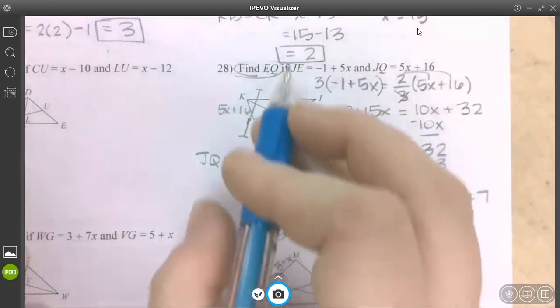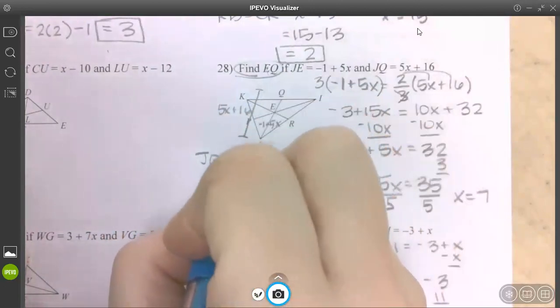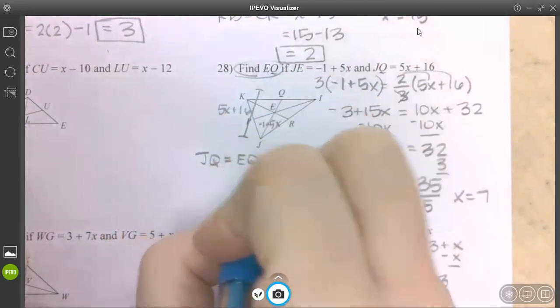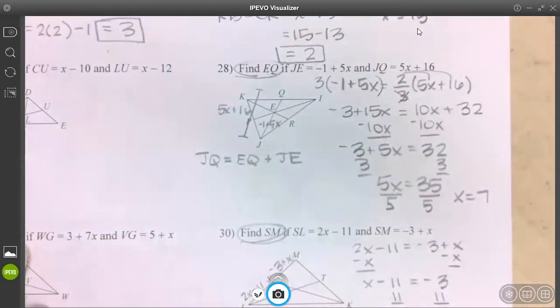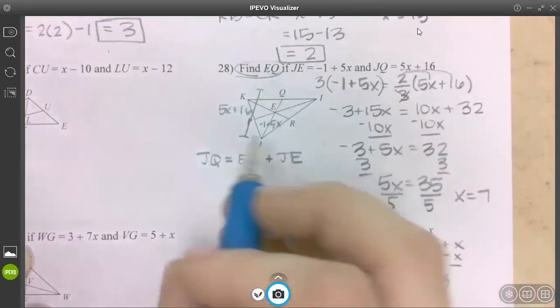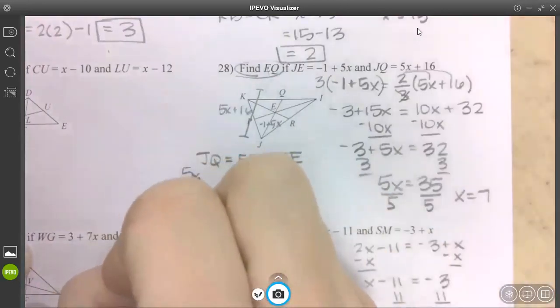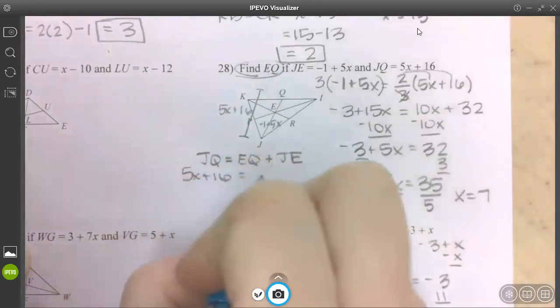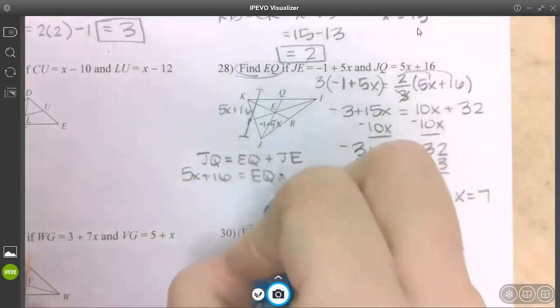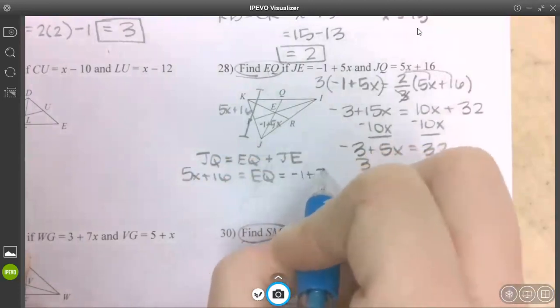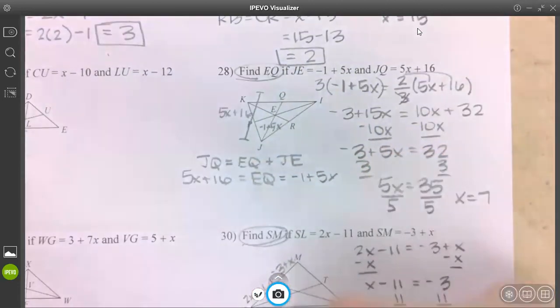JQ, the full line, is EQ plus JE. Well, we know JQ is 5x plus 16. We don't know EQ, that's what we're looking for. But we know JE is negative 1 plus 5x. Sorry, this should be a plus.